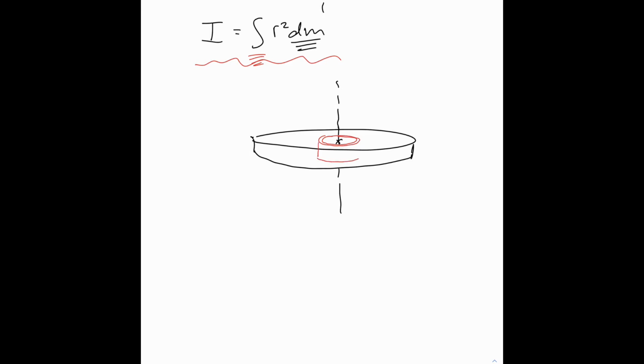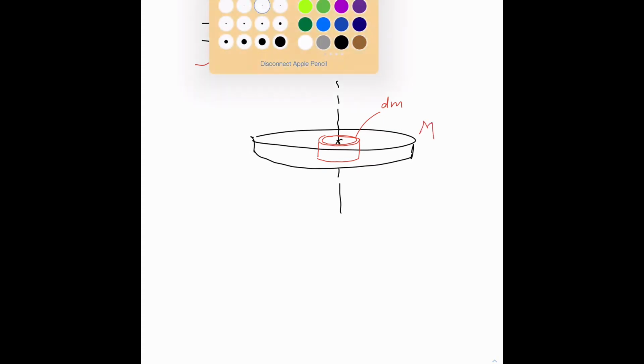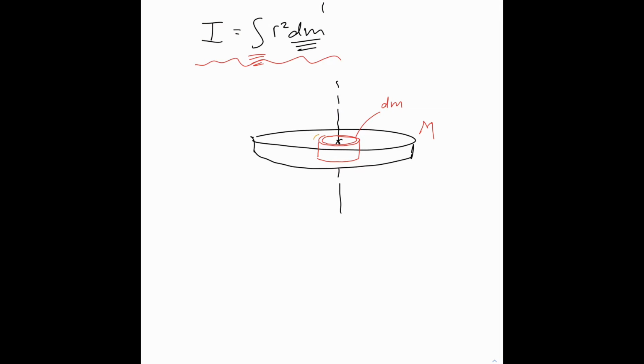So if I had one cylindrical shell or ring like this, that would just represent a small bit of the total mass of the entire disk, and then I can nest that ring inside of a larger ring, and then that one still sits inside of yet another larger ring.